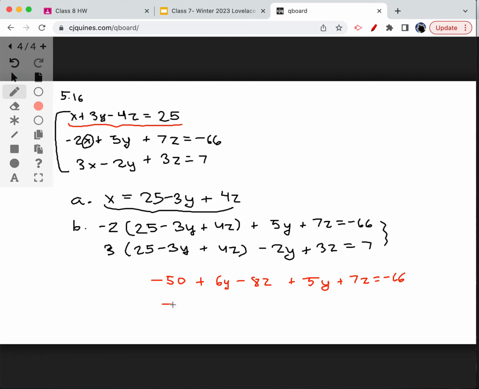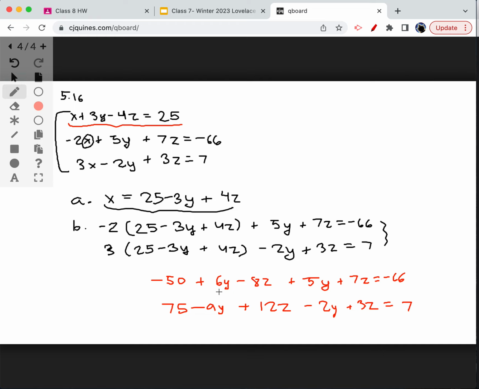And then we get 75 minus 9y plus 12z minus 2y plus 3z is equal to 7.